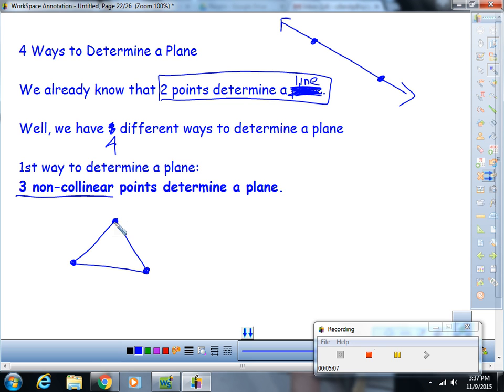Now, those surfaces go on forever in every direction. So this triangle that you see is just a portion of the plane. And I could draw a triangular prism out of that, and you could see that those 3 points did determine a plane.